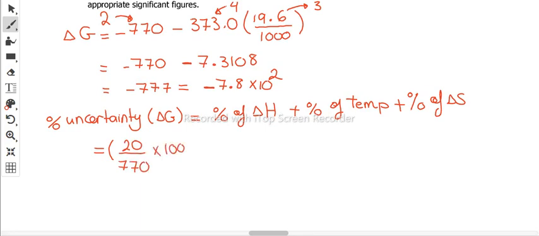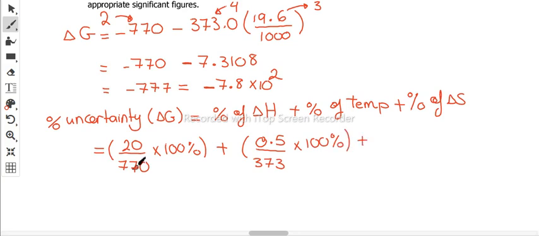Here, when you want to calculate the percentage uncertainty, it's not important to take the negative value. Plus, you will take the delta temperature, which is half, the absolute, which is half, divided over the value of the temperature, which is 373, and you're going to multiply it by 100%.